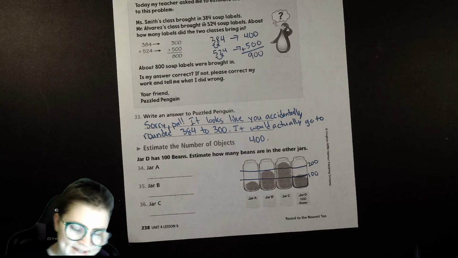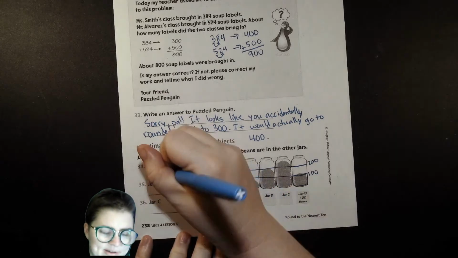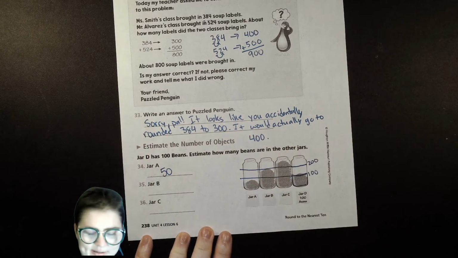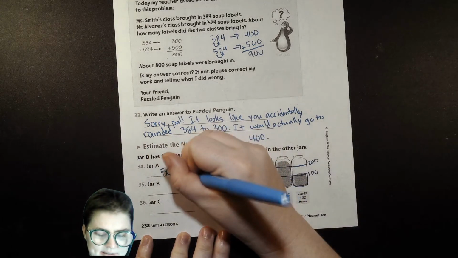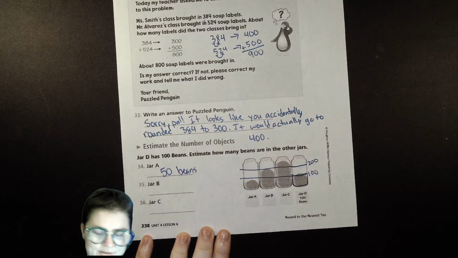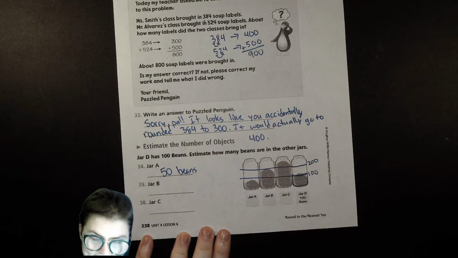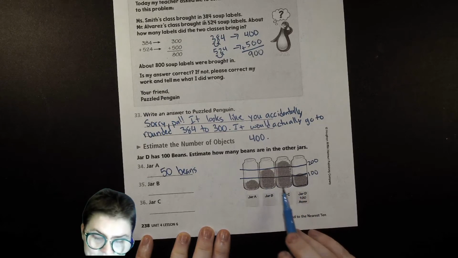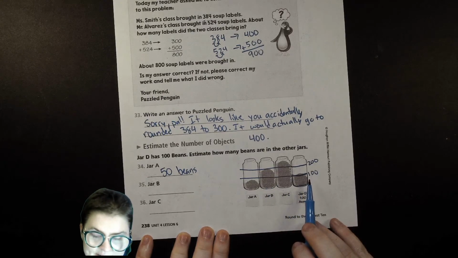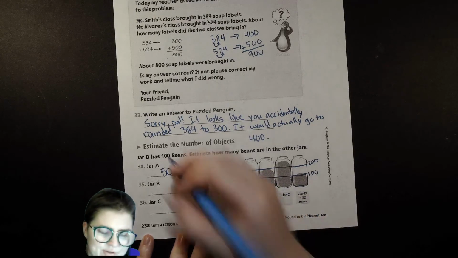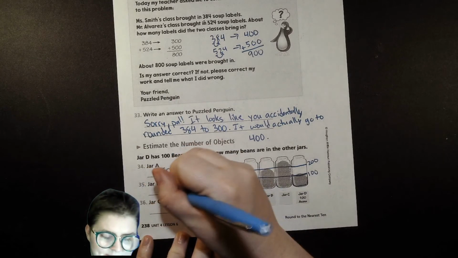So jar A has less, so maybe 50 beans. Jar B is about 200, I'd say.